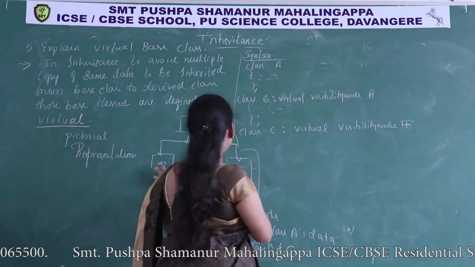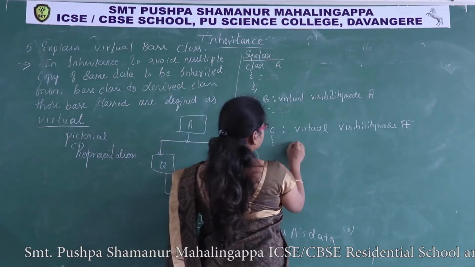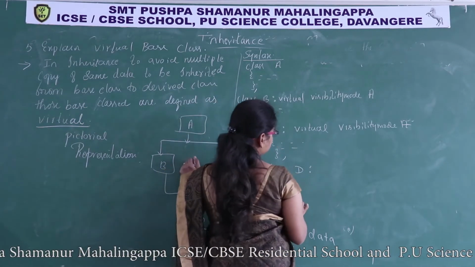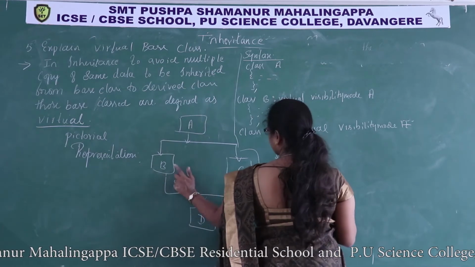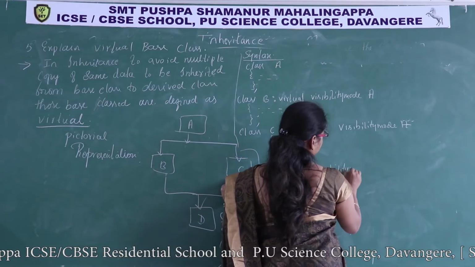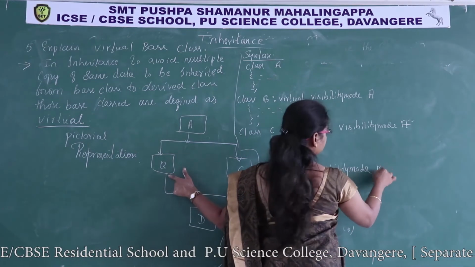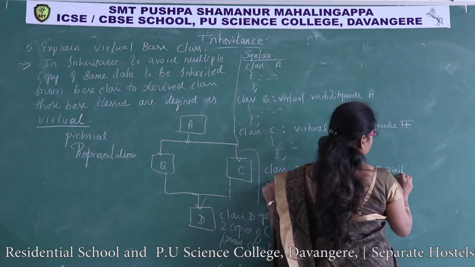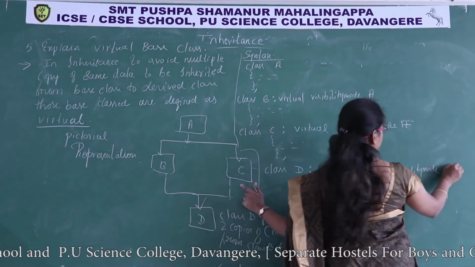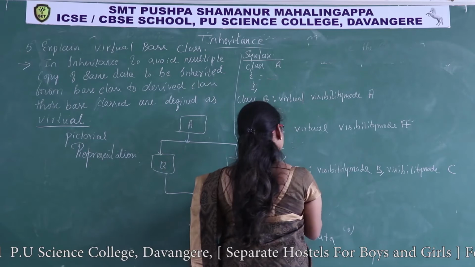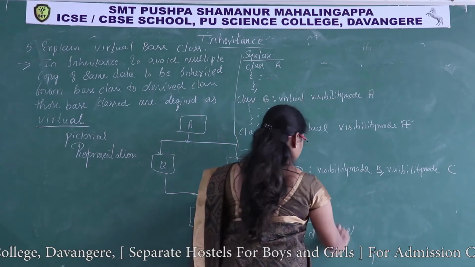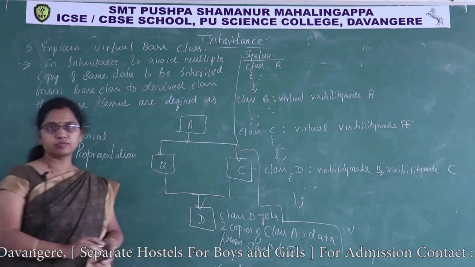These 2 classes are derived from class A, and another class D colon. This class has to derive from class B and class C, visibility mode B, comma, visibility mode C. So this would be the syntax of virtual base class.